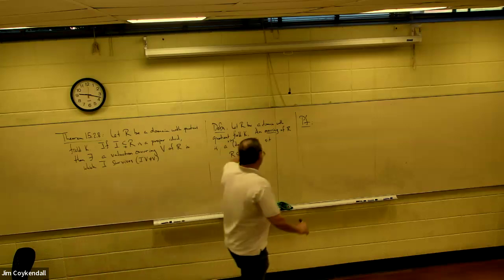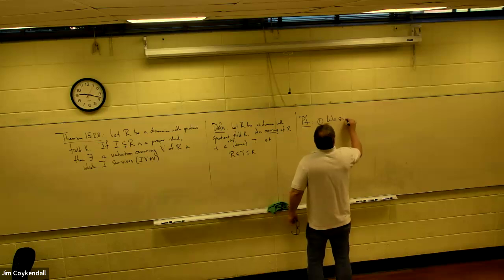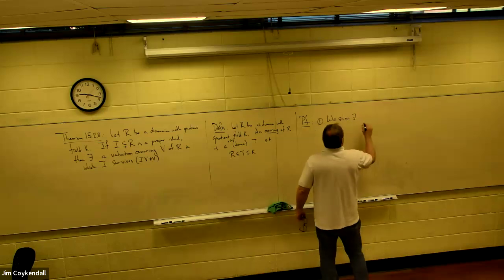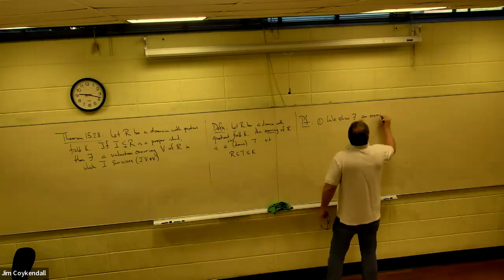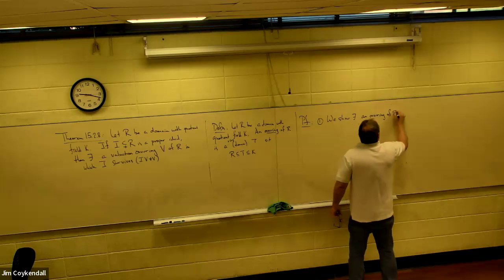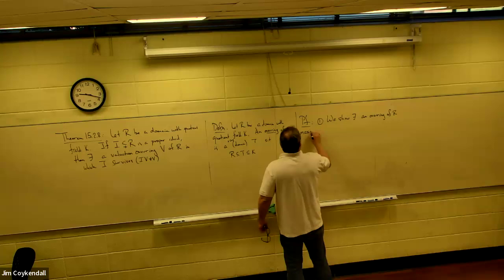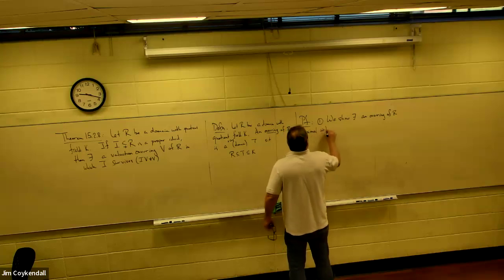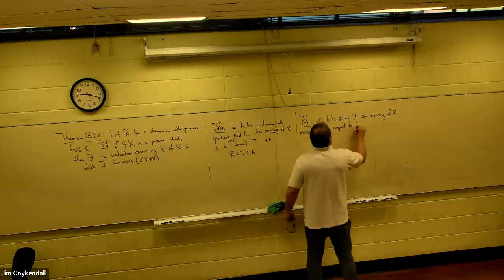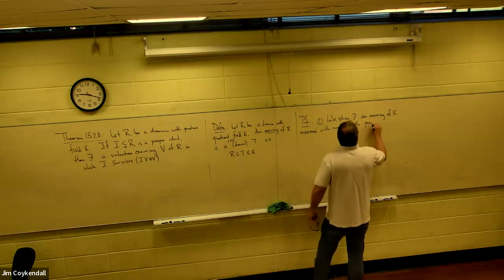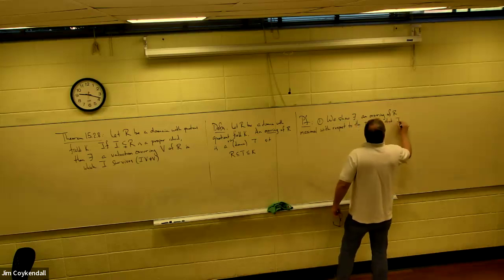So first, strategy step one: we show there exists an overring of R maximal with respect to the property that I survives.